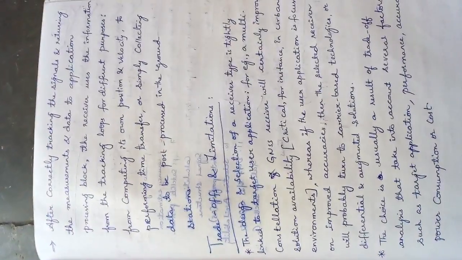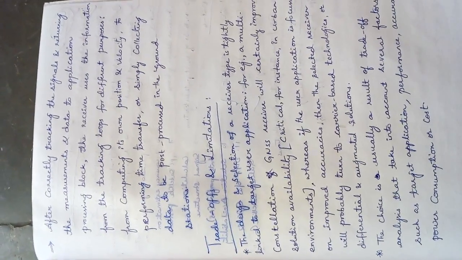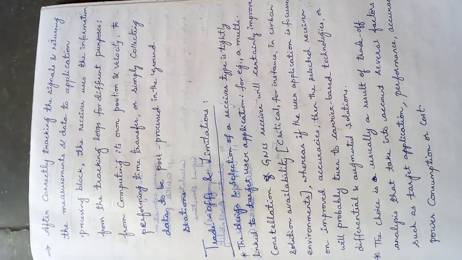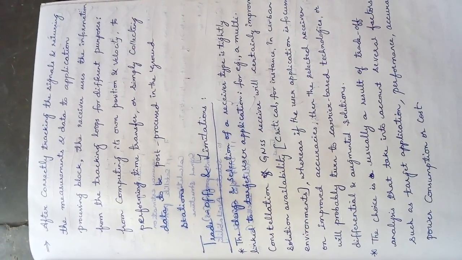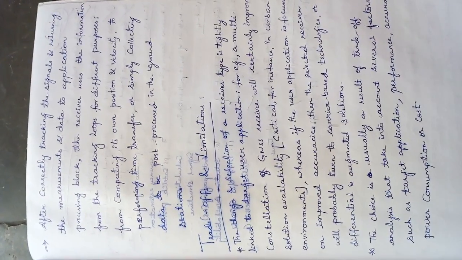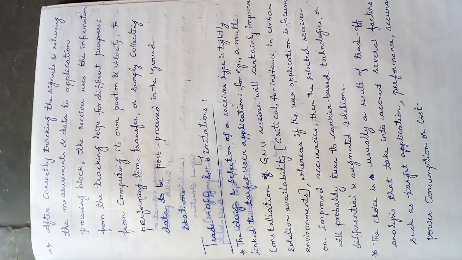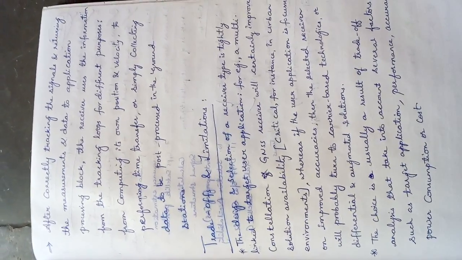After correctly tracking the signals and returning the measurements and data to the application processing block, the receiver uses the information from the tracking loops for different purposes: computing its own position and velocity, performing time transfer, or simply collecting the data to be post processed in the ground station.